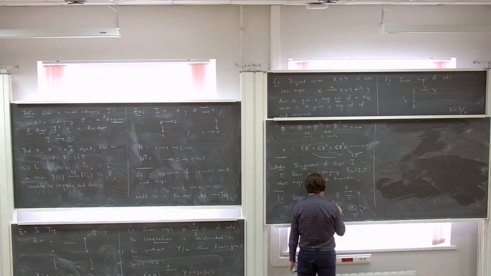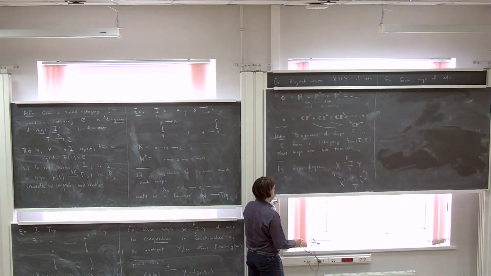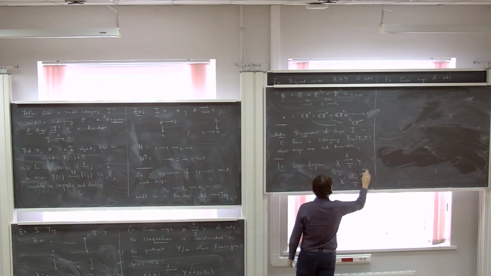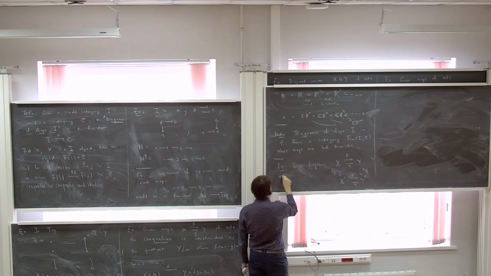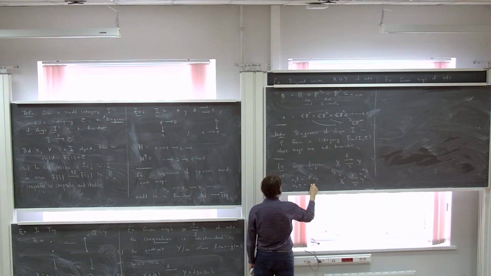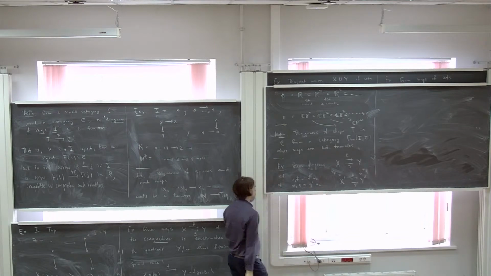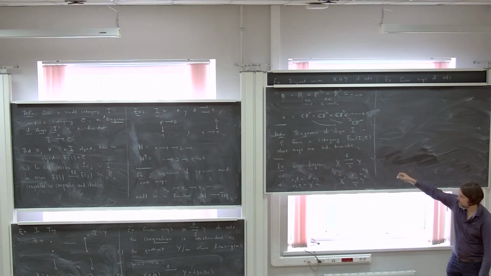Let me call it alpha x. This is the component of the natural transformation. Maybe call it alpha 0 and alpha 1 because it corresponded to 0 and 1 here. Such that f alpha 1 equals alpha 0 f prime and g alpha 1 equals alpha 0 g prime. Okay, so that's what a natural transformation would be, but thought of as a map between these two diagrams.